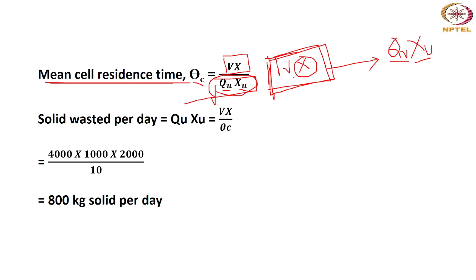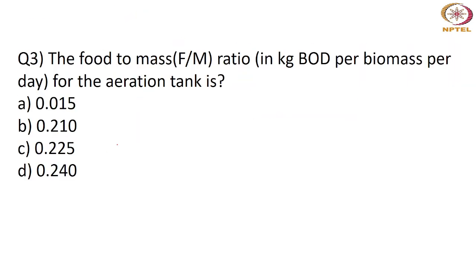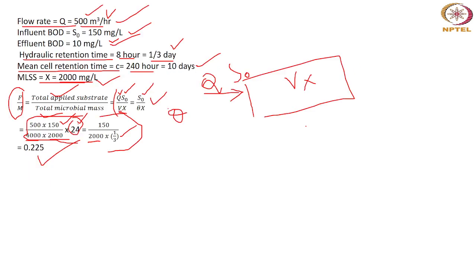So the solids wasted per day can be written as Xu multiplied by Qu. That much quantity of solid is getting wasted, which is nothing but Vx divided by theta c. You just have to put in the values. V was 4,000, and I multiplied by 1000 to convert it, it was in cubic meters.